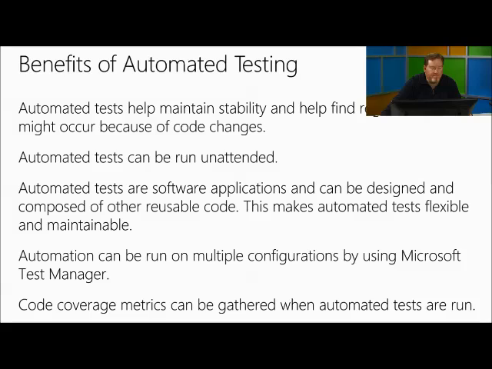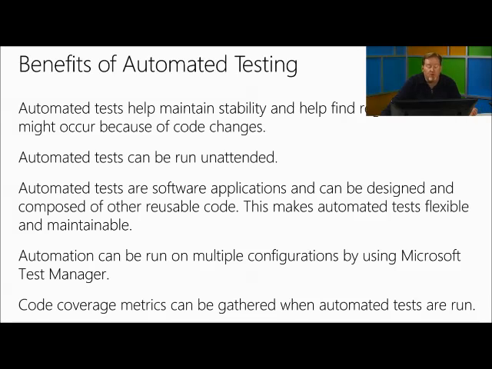Great. So there are plenty of benefits of automated tests. One, it helps maintain stability and helps find regressions that might occur because of code changes. With automated tests, you don't have to have resources to run the tests. They can run automatically.